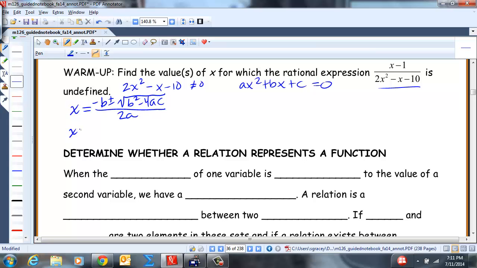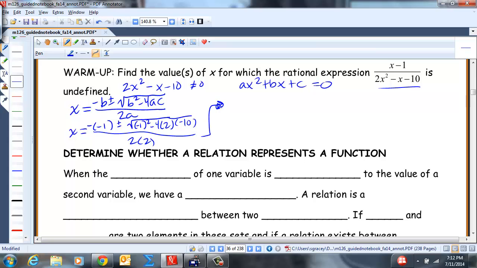And so in this case, x will equal the opposite of negative 1 plus or minus the square root of negative 1 squared minus 4 times 2 times negative 10, all over 2 times 2.